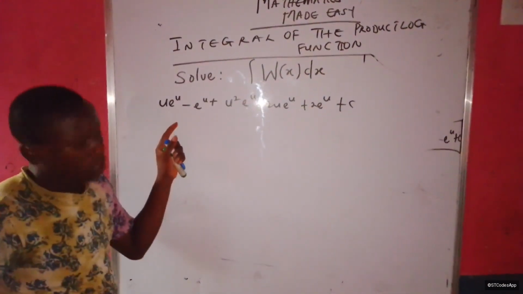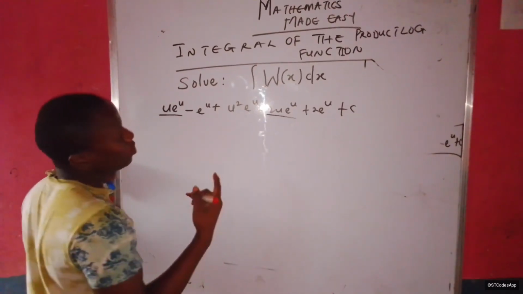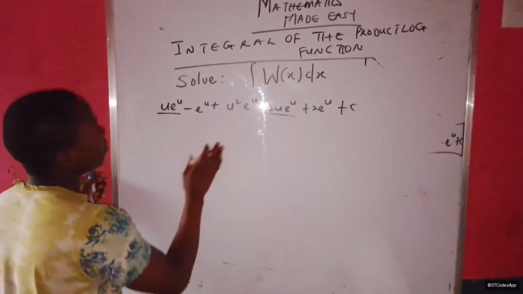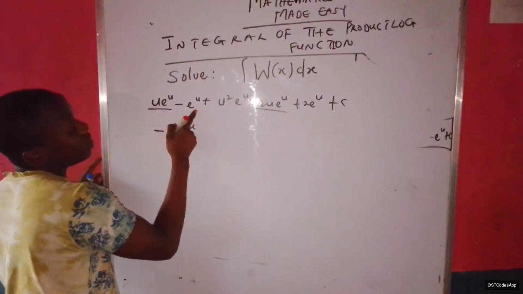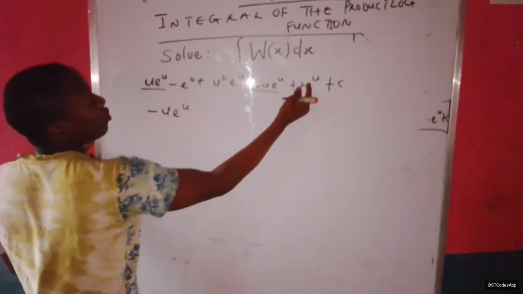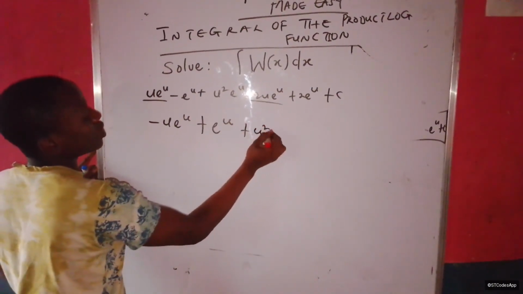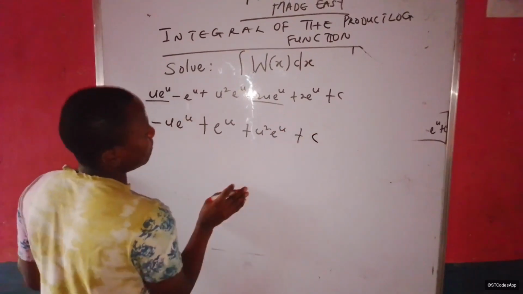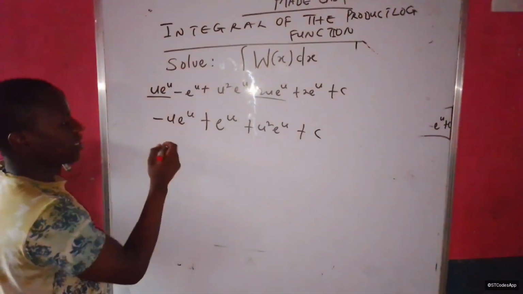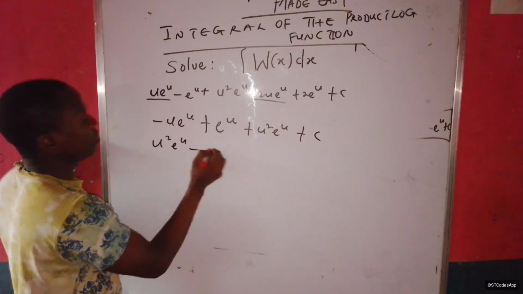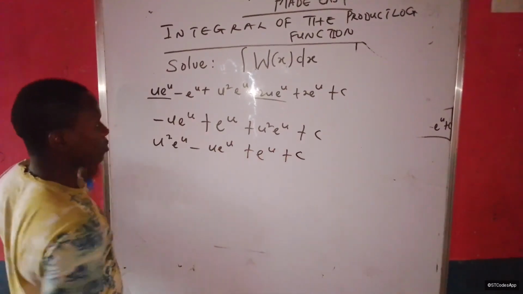So if you collect the like terms here, u e raised to the power of u minus 2u e raised to the power of u is going to give us minus u e raised to the power of u. And minus e raised to the power of u plus 2 e raised to the power of u is plus e raised to the power of u, then plus u squared e raised to the power of u plus c. You understand? So we can write this as u squared e raised to the power of u minus u e raised to the power of u plus e raised to the power of u, everything plus c.